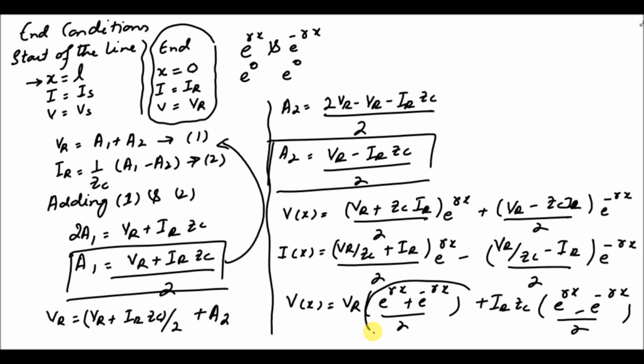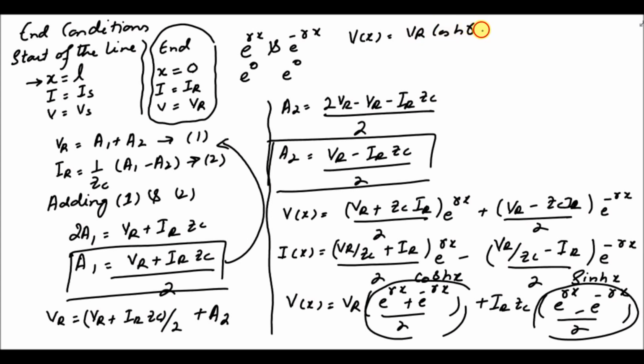This is your cos hyperbolic and this is sin hyperbolic. So the final equation for Vx will be VR cos hyperbolic gamma x, because we have missed this gamma, plus IR ZC sin hyperbolic gamma x.